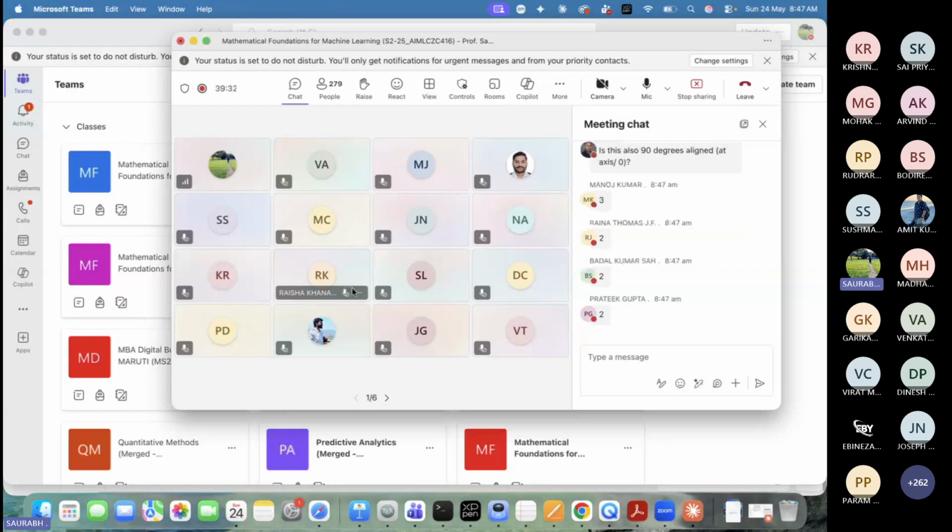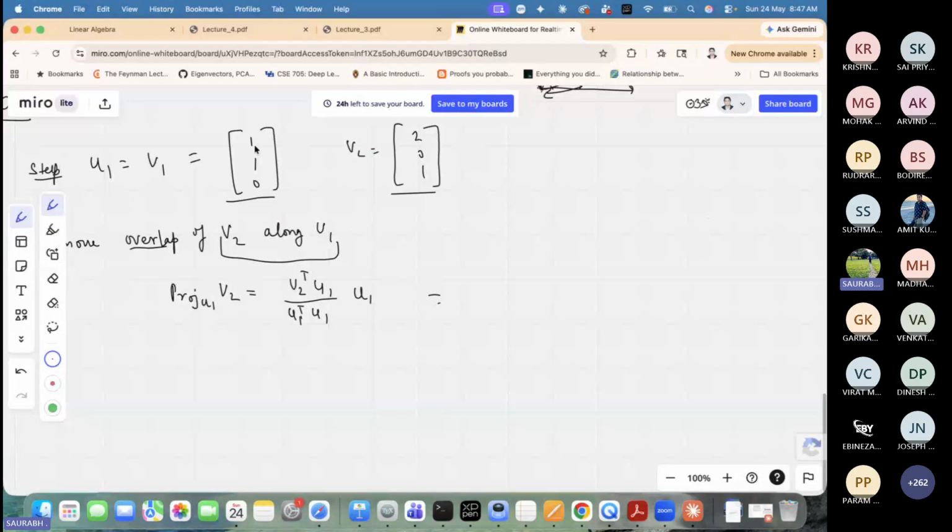It's 2, essentially. If you see here, 2 times 1, 0 times 1, 1 times 0, it would be 2. What would be the denominator part?